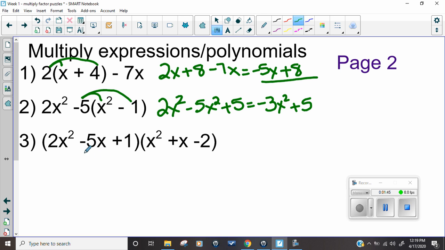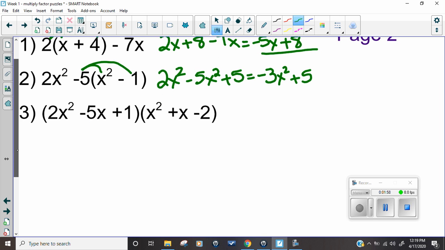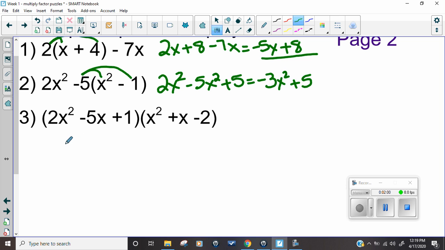The last one is two polynomials, two trinomials, because they have 1, 2, 3 terms each. And so when you have something like this that isn't just one thing multiplied, you should draw a grid for tabular method multiplication.